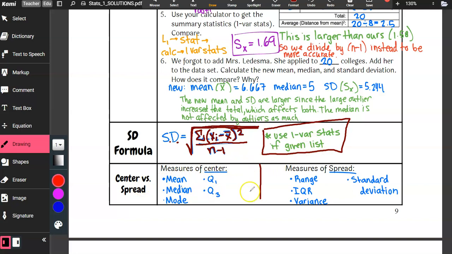When we're talking about measures of center, we use the mean, median, mode, quartile 1 or quartile 3. For measures of spread, we could talk about the range, IQR, the variance, and now you know the standard deviation.